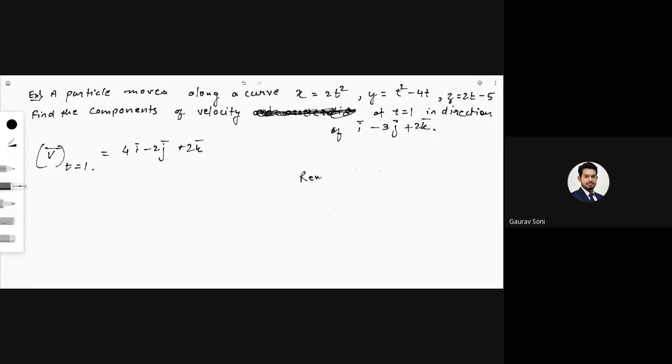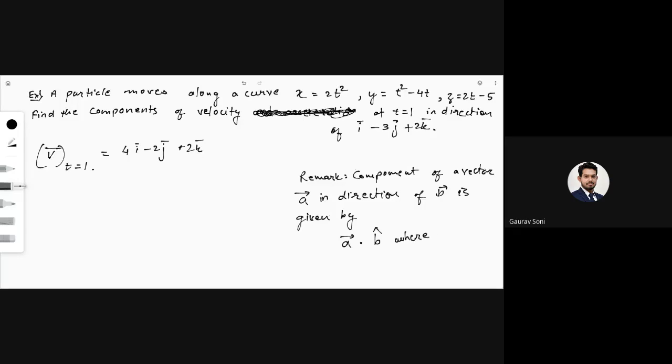A remark. Component of a vector A bar in direction of B bar is given by A bar dot B cap. What is B cap?